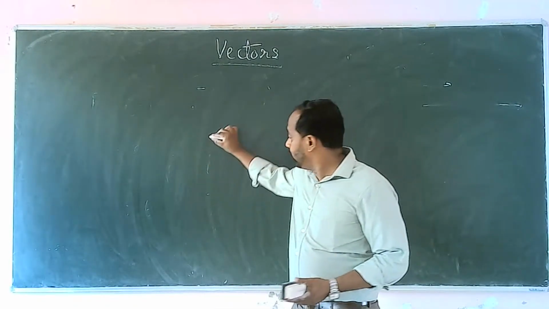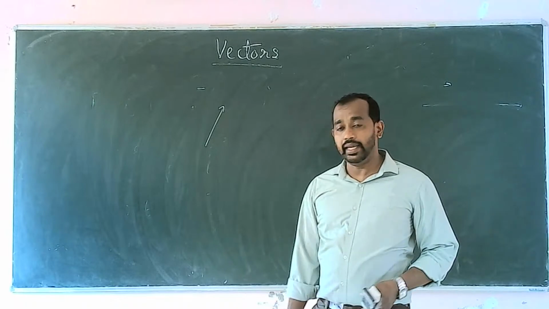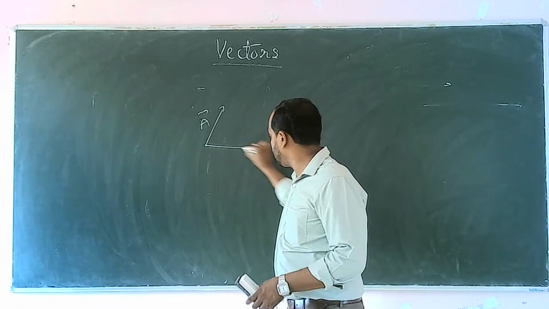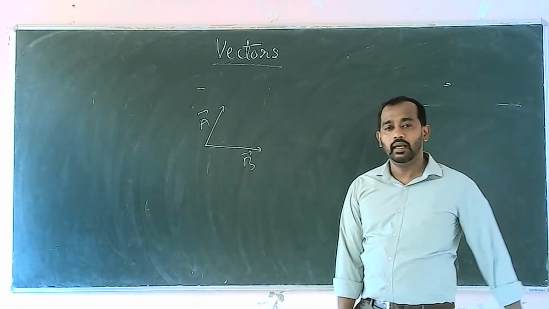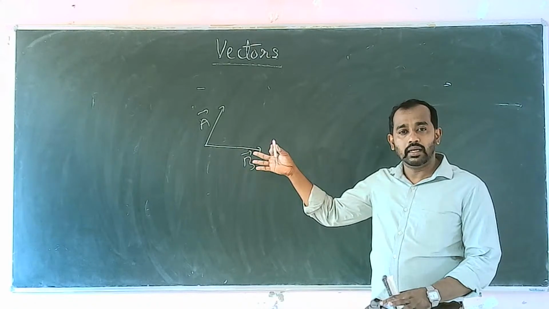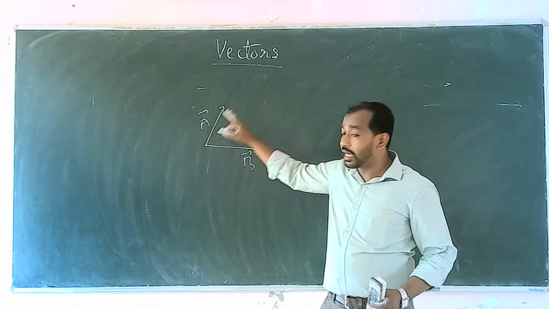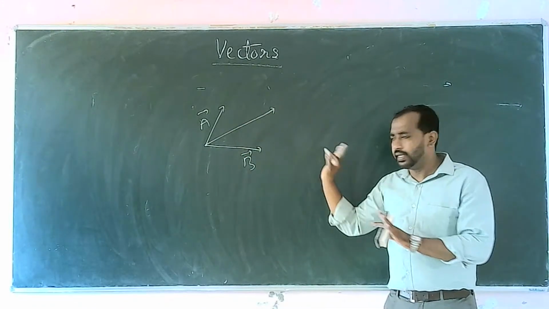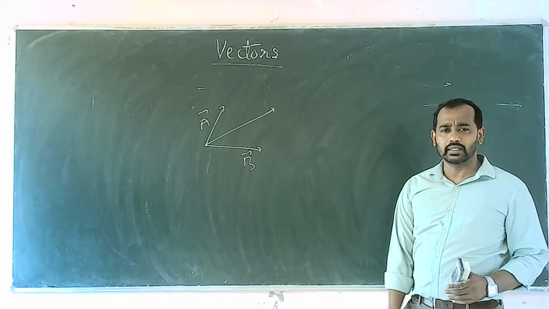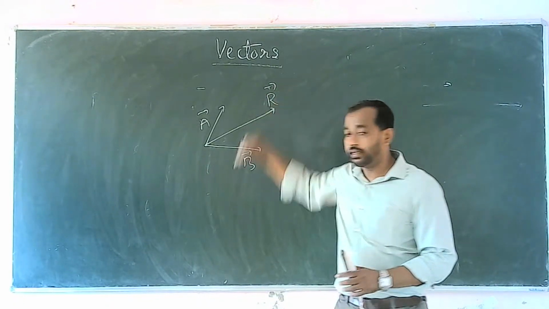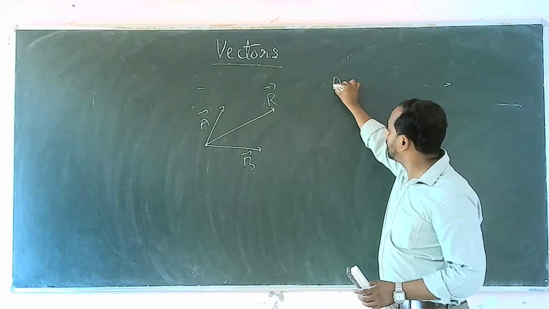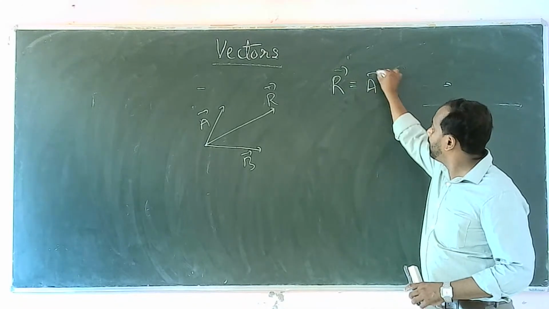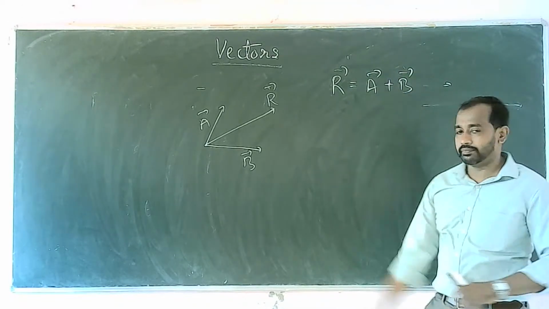Here, we know that if there is a vector A represented in this direction, and one more vector represented by B in this direction, and if you use the parallelogram law of vector addition, then obviously the resultant will be somewhere here. I have not constructed the complete parallelogram. We do not need it. But this is represented as R, and mathematically R is equal to vector A plus vector B.